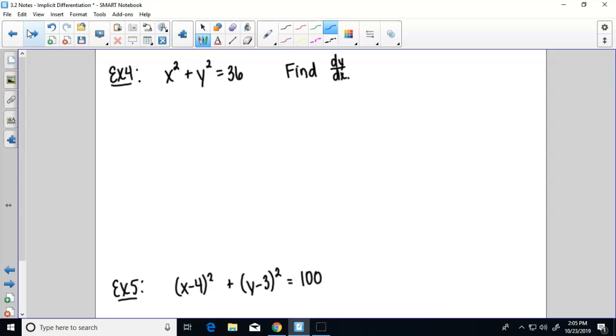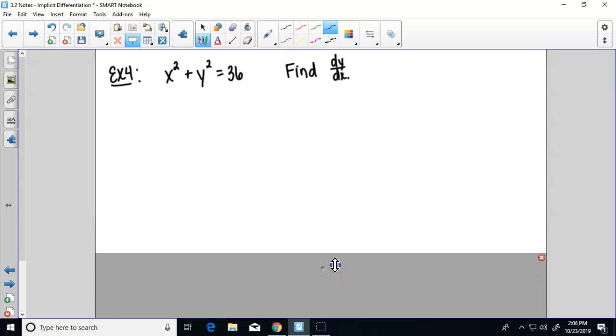Sometimes those trip students up. But otherwise, it is actually sort of a step 1, step 2, step 3 sort of situation. Typically, students do pretty well with these as long as they know how to do the product rule and quotient rule and those things whenever they come along.